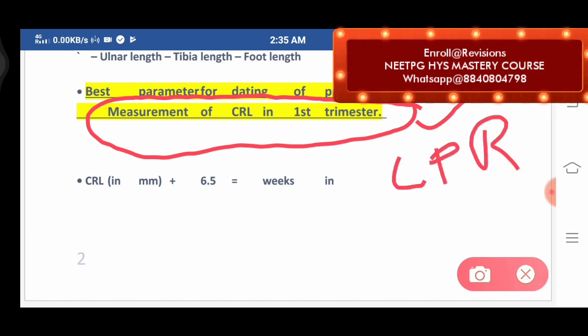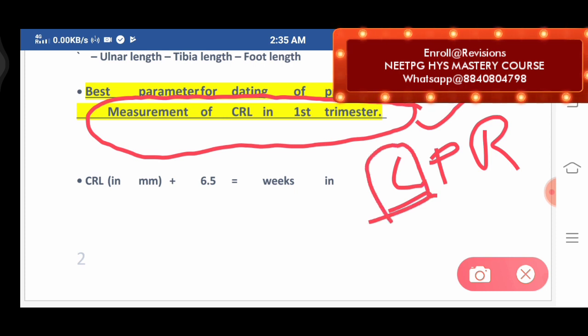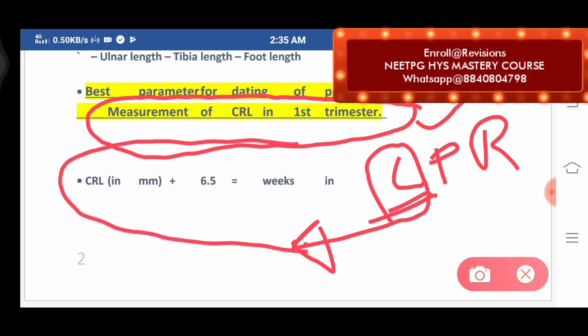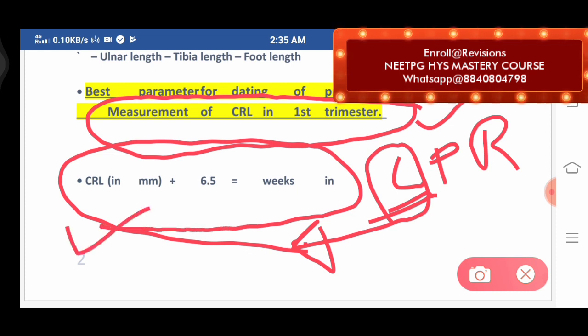In first trimester it was crown rump length. So overall, crown rump length is the best parameter for dating in pregnancy and in first trimester. So how will you calculate it? Now comes the rule of mathematics. They do ask questions on this formula.